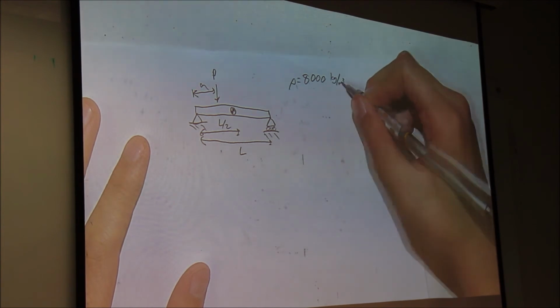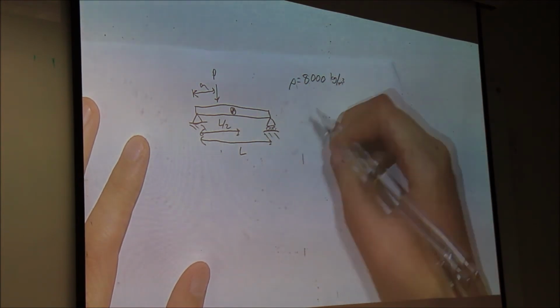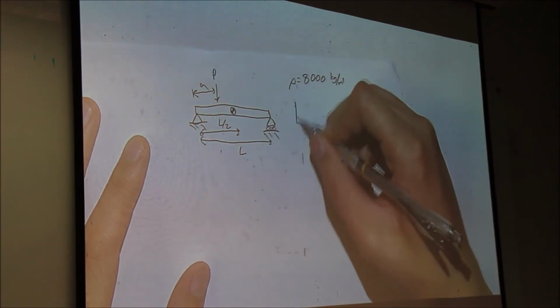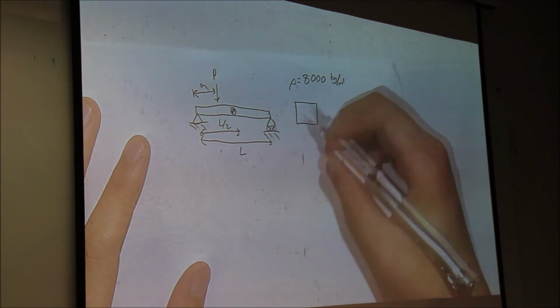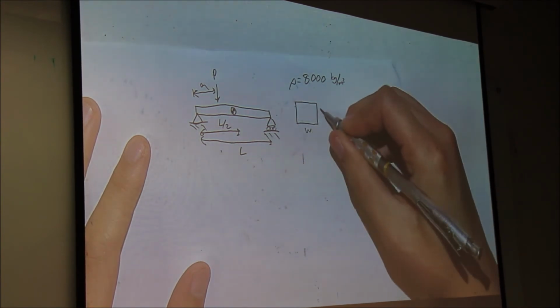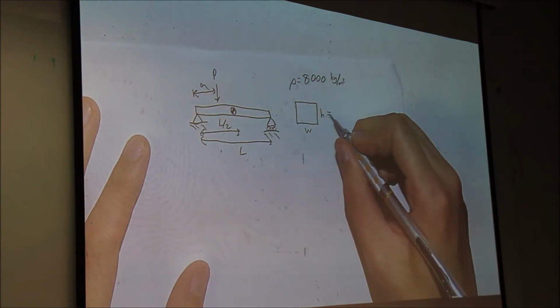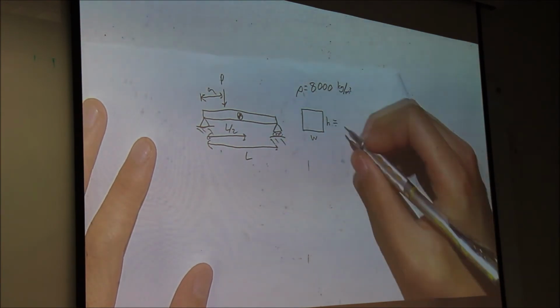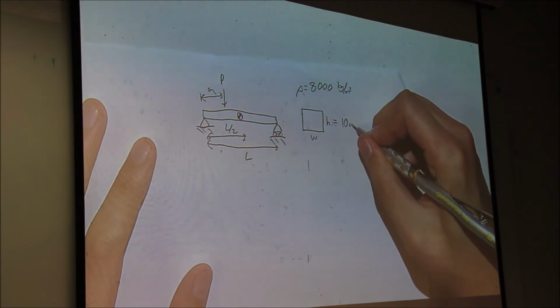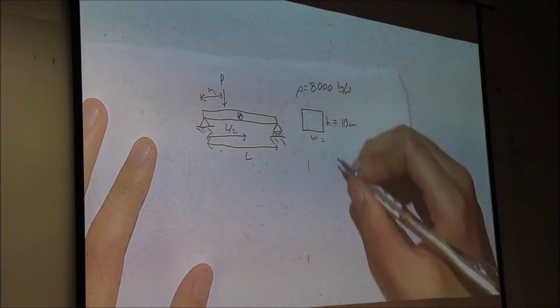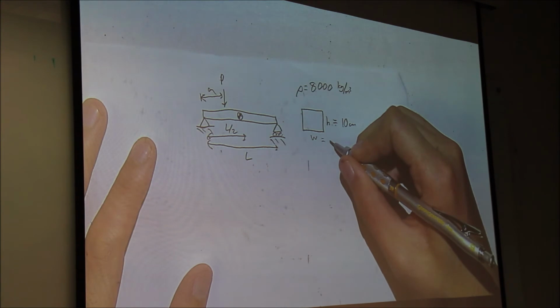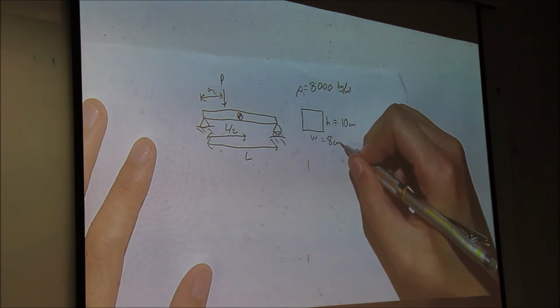Kilograms per meter cubed. Let's say this beam has some width and height. Let's say this is equal to 10 centimeters, and this is equal to 8 centimeters.